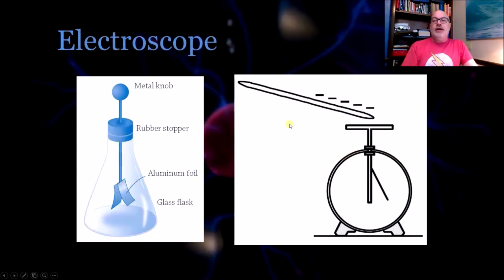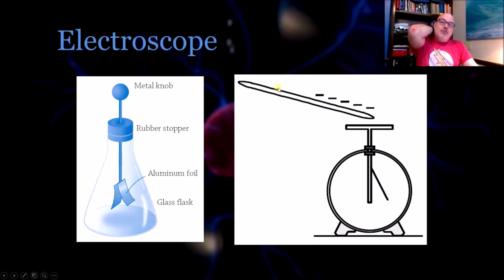All right, a way that we test whether something has charge or not, since we cannot see the electrons or the protons, is we use a device called an electroscope, where they'll have a metal conductor here with something movable down at the bottom, like aluminum foil, and that'll be insulated from its surroundings. Another one, like the one we saw in class, was something more like this.